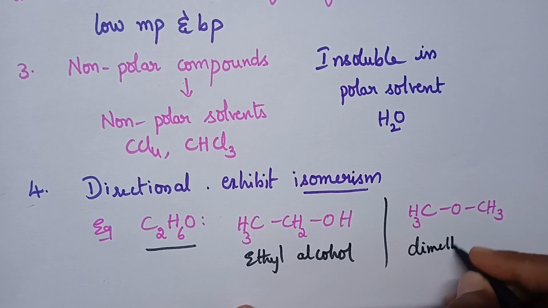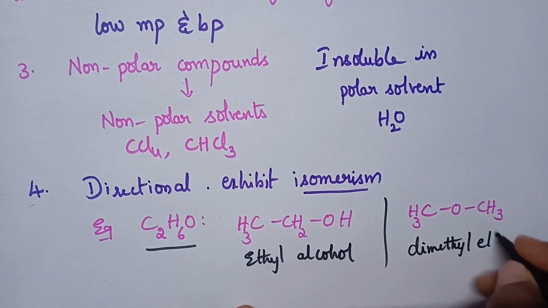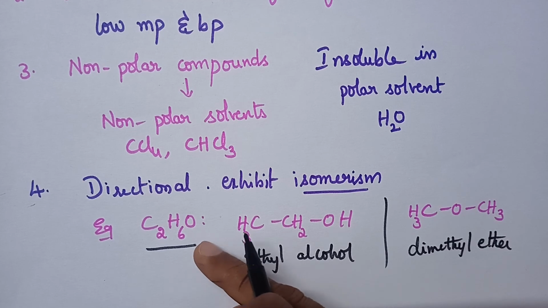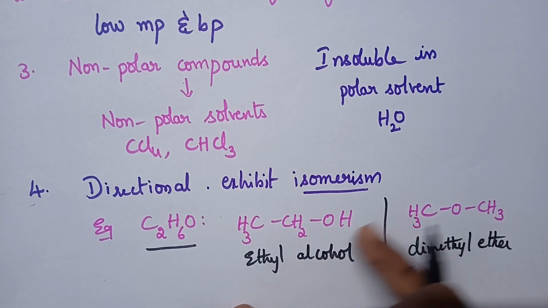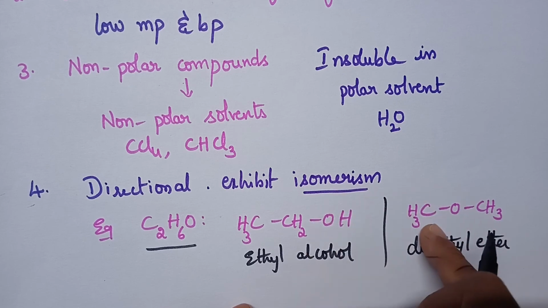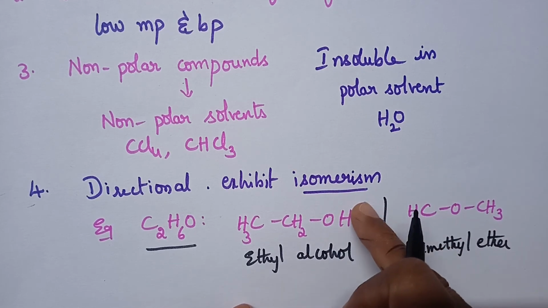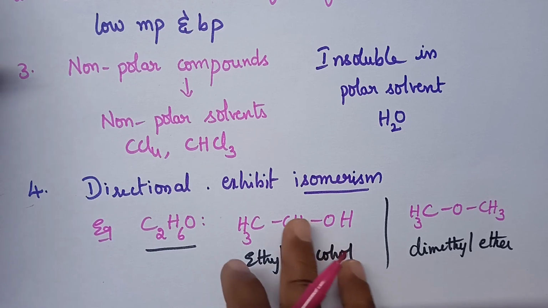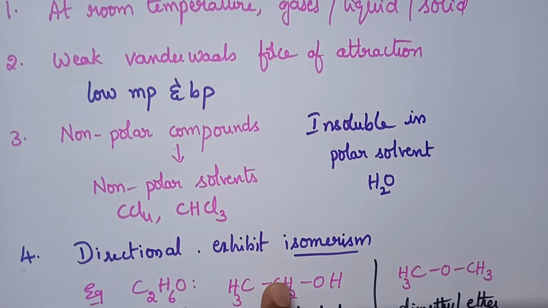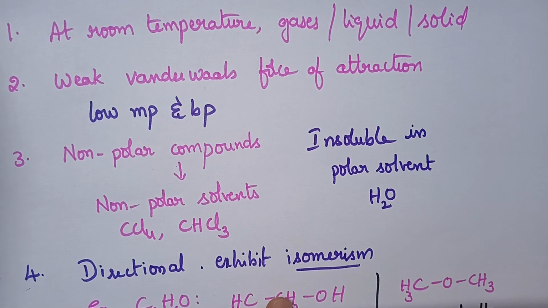What is the name of this compound, students? Dimethyl ether. So by using the same molecular formula, we are representing two different isomers, and the phenomenon is called isomerism. This type of isomerism is not exhibited by ionic compounds. Why? Since ionic bond is non-directional. Is it clear, students? So covalent compounds exhibit isomerism.